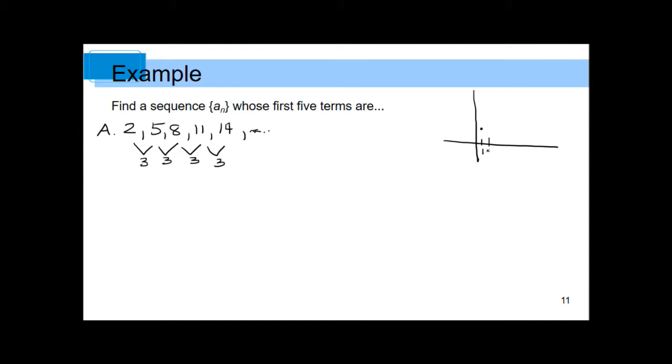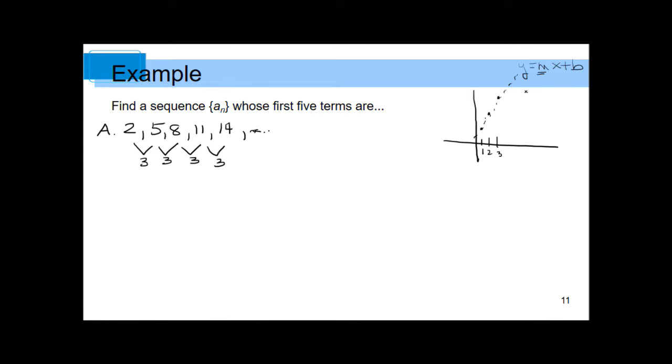At n equals 2, we would have 5. At n equals 3, we would have 8. It's going to increase by 3 each time. Now, when we have a regular continuous linear function, as we've worked with in the past, remember that always follows the pattern y equals mx plus b, where m is the slope, or the amount it's increasing each time when you go up 1 unit.